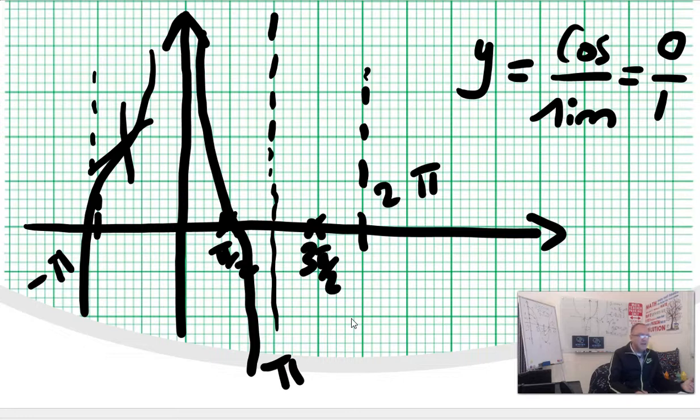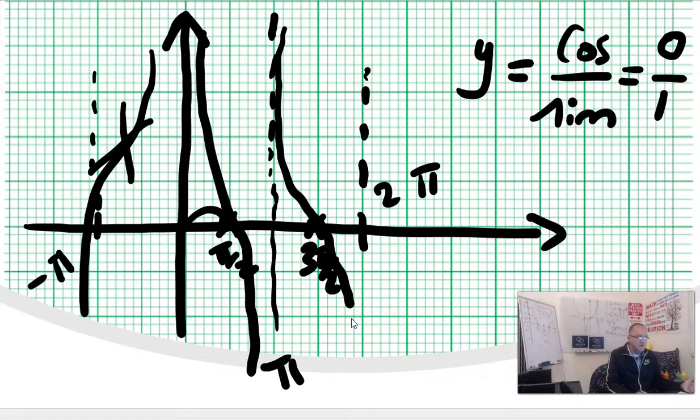Why? Again, in quadrant 1, it has to be positive because this is quadrant 1, between 0 and pi. In quadrant 1, it's cosine divided by sine. They're both positive, so it's positive.